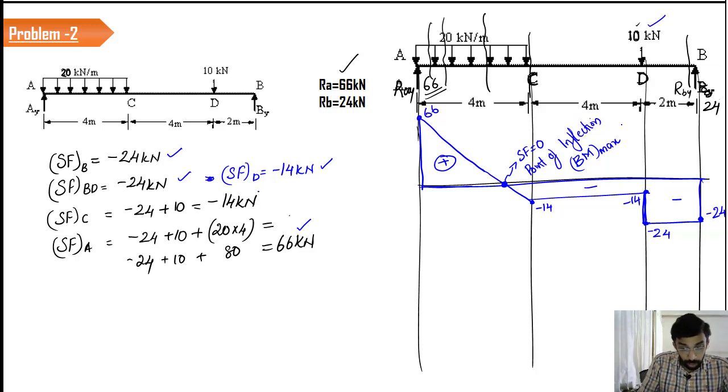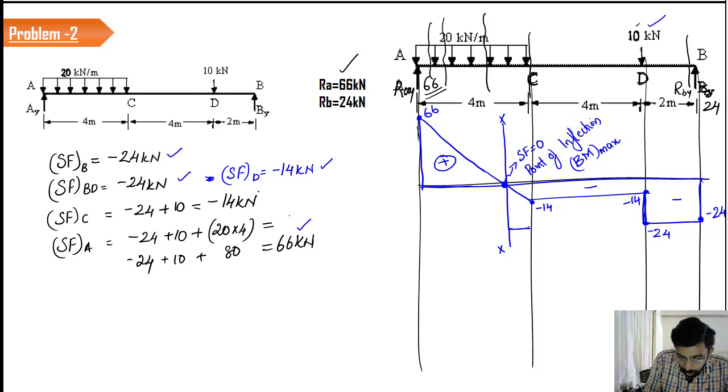Now we are not aware of the location of this particular point. Where is this located? I don't know. But we are supposed to find that value. So how to find that value? I will say that this is a particular section XX where the shear force is equal to 0.